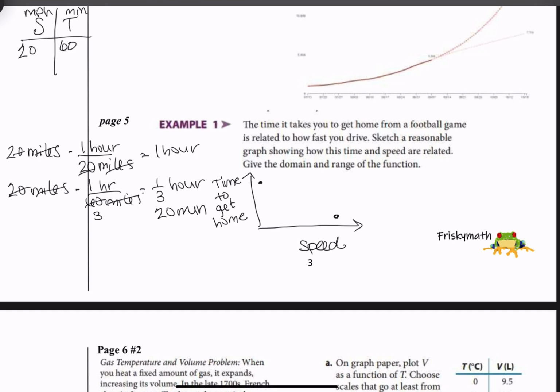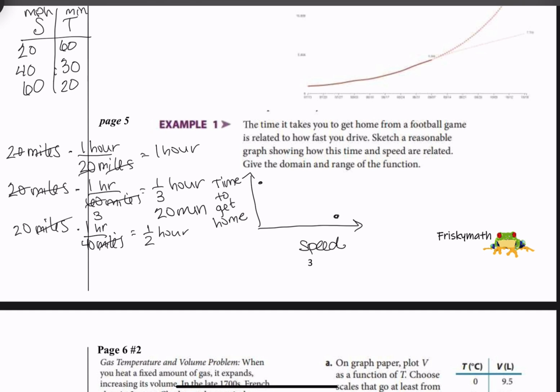How about let's go 40 miles per hour. If I do 40 miles per hour, so 20 miles, 1 hour and 40 miles, that's going to end up giving me 1/2 hour or 30 minutes. Okay, so let's see, so then I'm going to have 60 miles per hour, giving me 20 minutes.